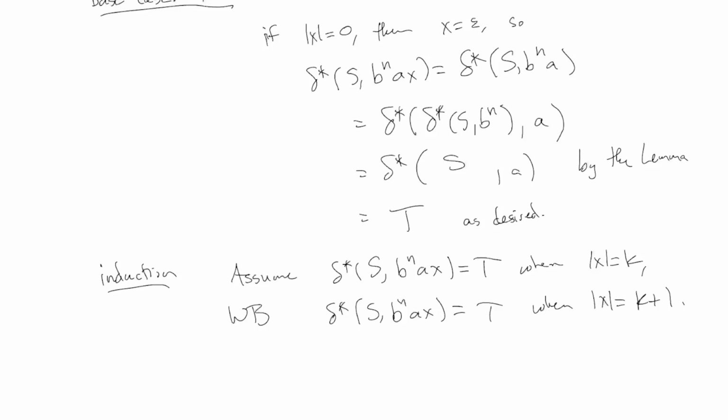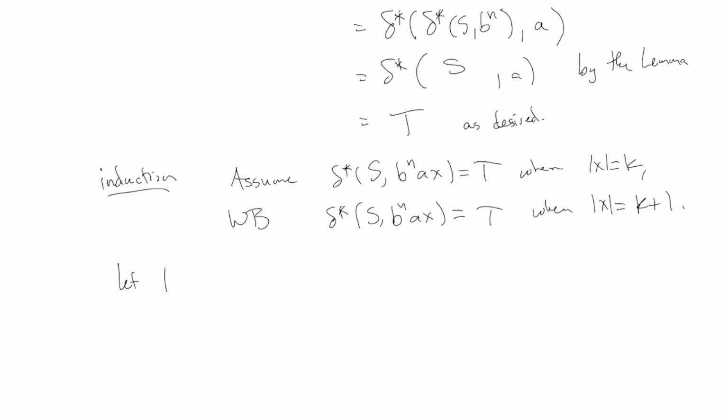The way I'm pretty much always going to write these up is I say let the length of x be k plus 1. Then we can write x as something like y times L, where the length of y is k, and L is a single letter.